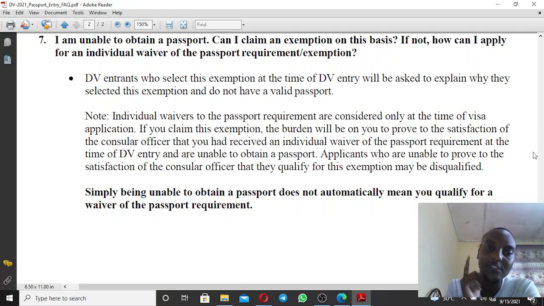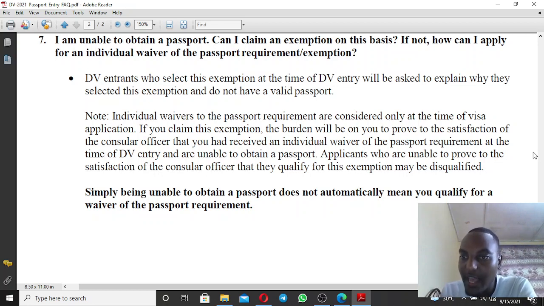Remember, note this, individual waivers of the passport requirement are considered only at the time of visa application. If you claim this exemption, the burden will be on you to prove to the satisfaction of the consular officer that you have received an individual waiver of the passport requirement at the time of the DV entry and are unable to obtain a passport.